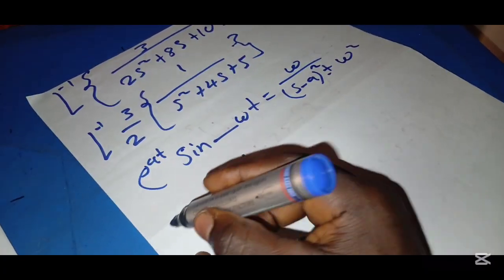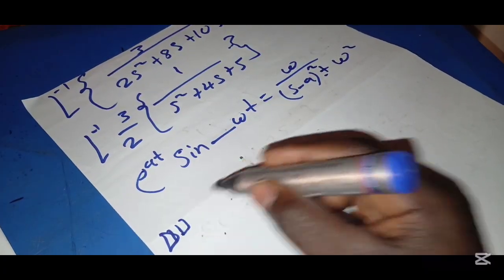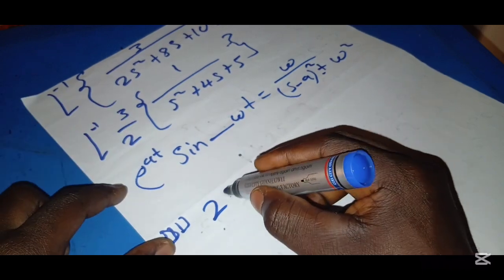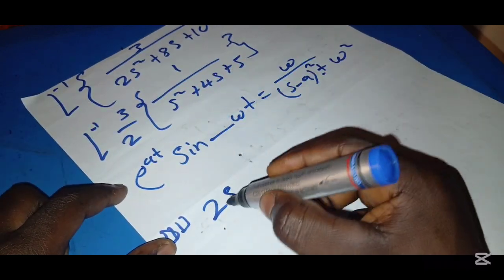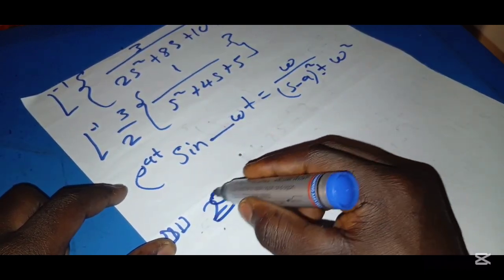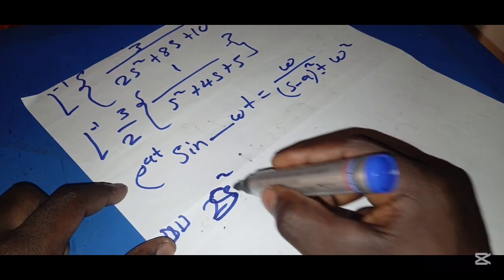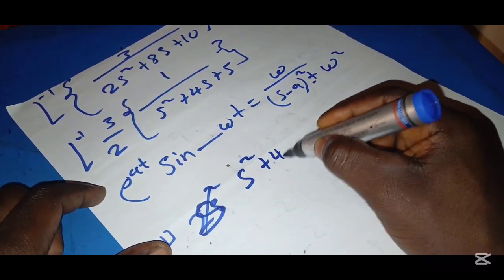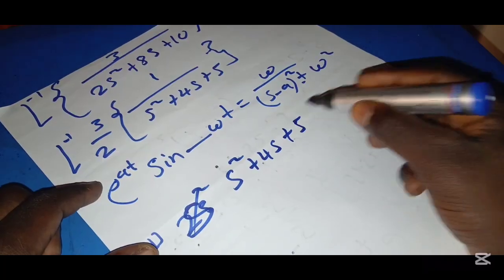Now, denominator analysis, right? We simplified that one already, so the denominator is s squared plus 4s plus 5.